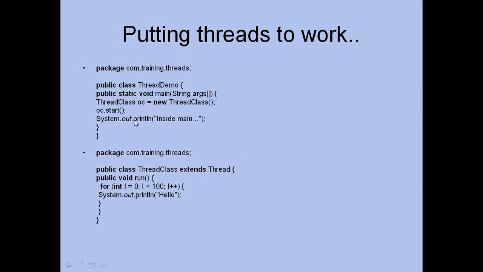The main class will not block here, it will not stop for execution, and it will continue to execute the next set of steps. This one will run in its own thread and take its time to die. The main class doesn't bother about that, and it will print inside main first, and then the other thread will print this.